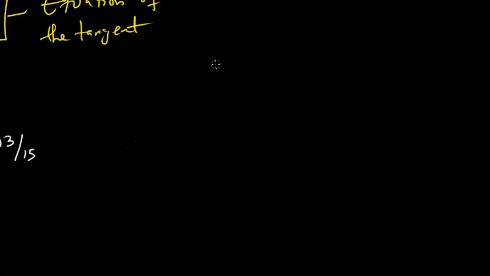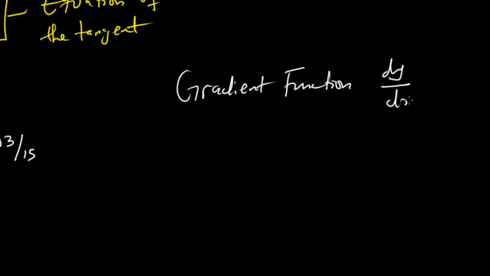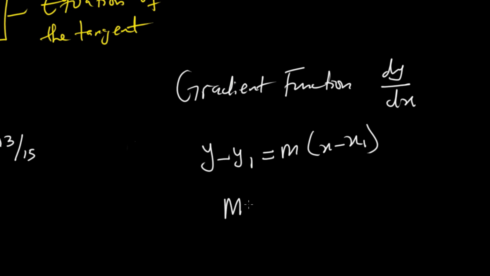So the first thing is simply looking for the gradient function, which is dy over dx, then the equation of a straight line, which is y minus y1 equal to m times x minus x1, and lastly, the equation of the normal, which is m multiplied by m prime equal to negative 1, or you simply write this as m prime equal to negative 1 over m. So having a good handle of these three expressions, we can calculate the equation of the tangent and equation of the normal to a particular curve.